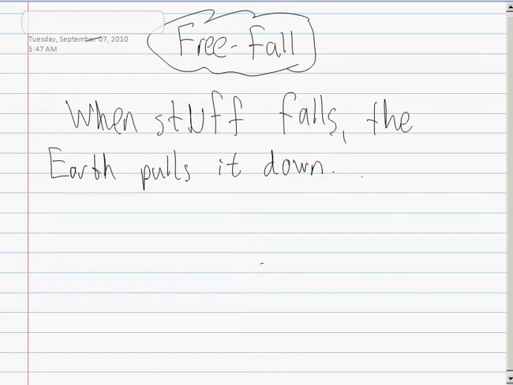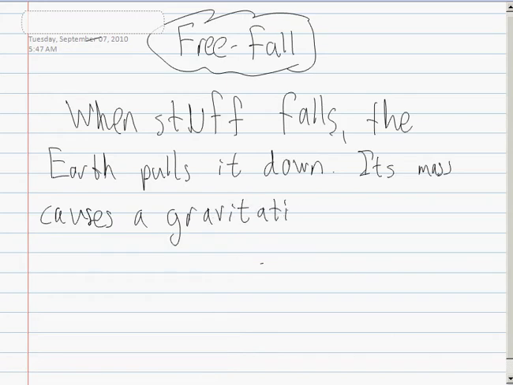Its mass causes a gravitational force. Gravity is not separate from the mass of the earth. If the earth had no mass, there would be no force.